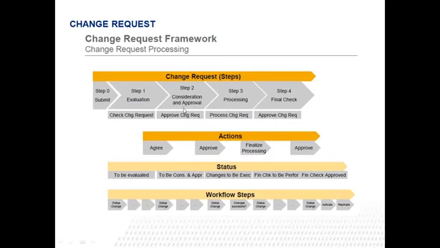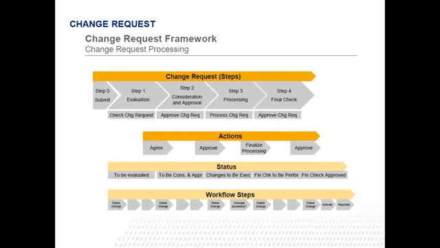If it goes to the consider and approve step, during approval of the change request you are given two actions, either approve or reject. If we approve, it goes to the next step; otherwise it goes back to the previous step. We can design the workflow in such a way. The next step is the processing of the change request.